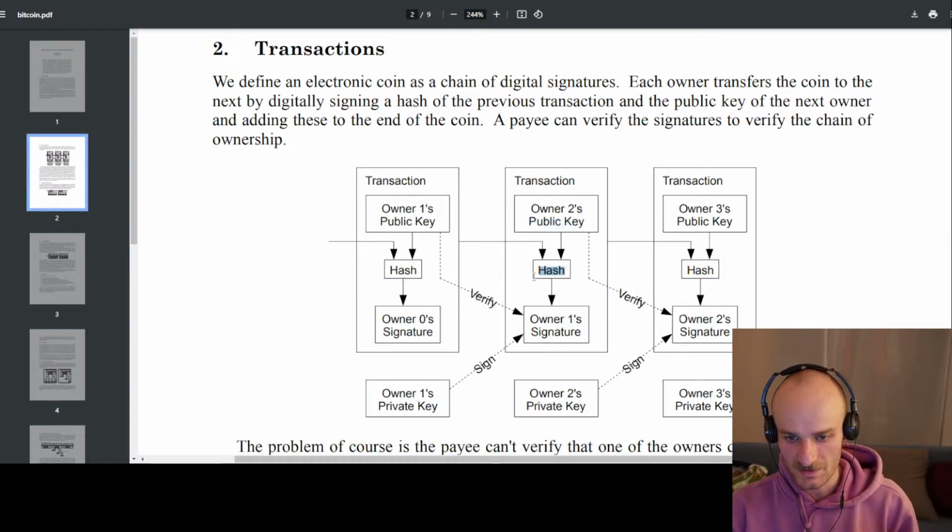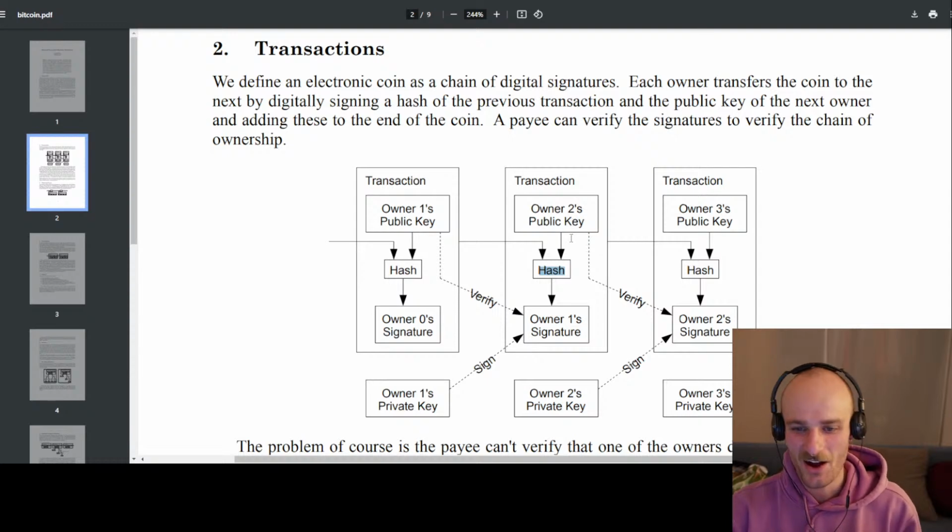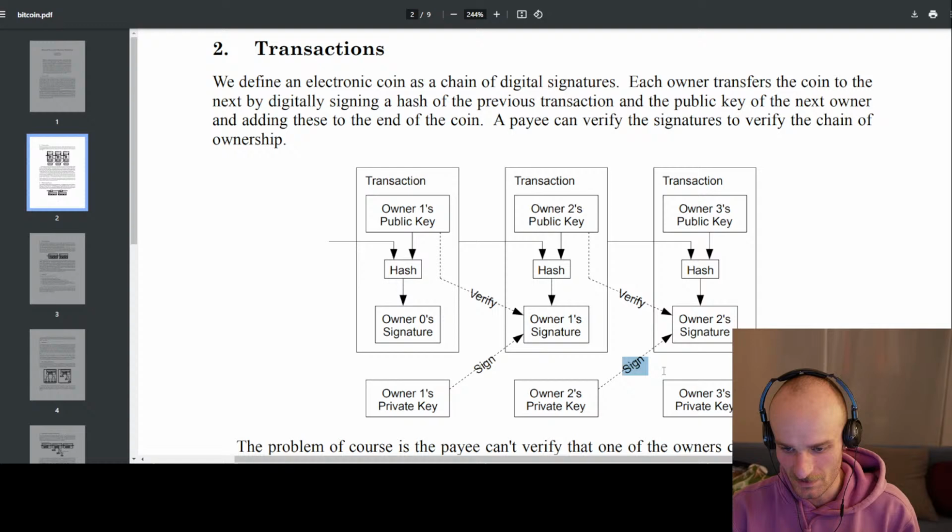So this hashed transaction can be unhashed only by his private key, which is the act of signing. So the act of signing is an act of revelation of possession.